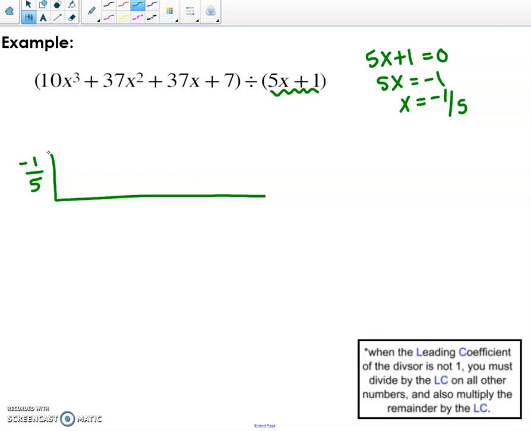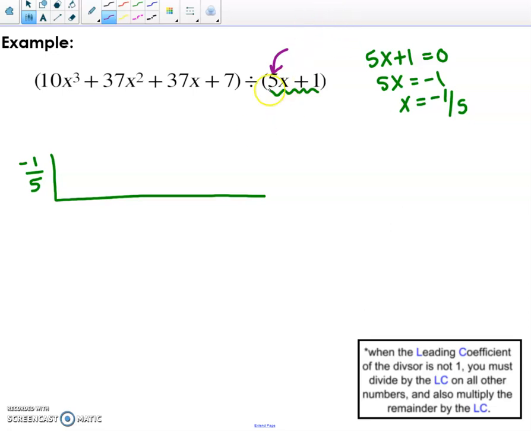The part that's different is that instead of putting the coefficients along the top, like the ones that we have here, 10, 37, 37, 7, we need to divide all of those numbers by the leading coefficient. So right here we can see that the leading coefficient is a 5. When it's a 1, like the other two problems, we don't do anything. We just write the numbers as is.